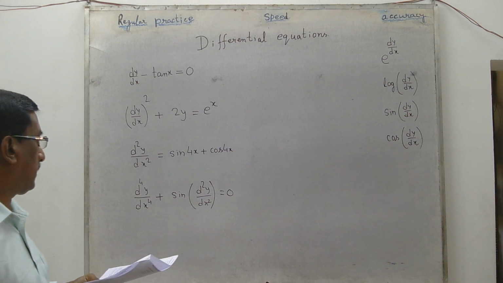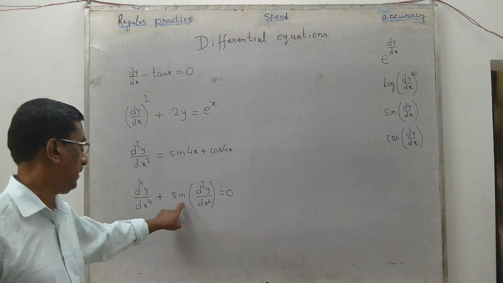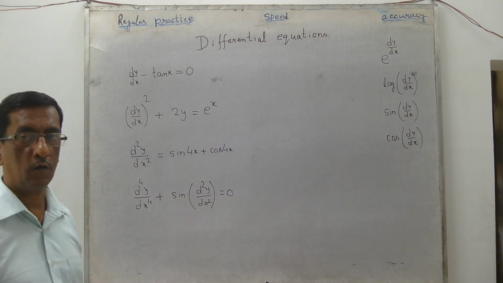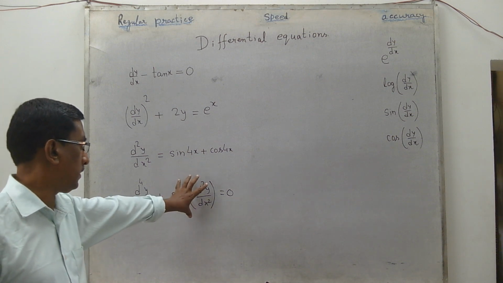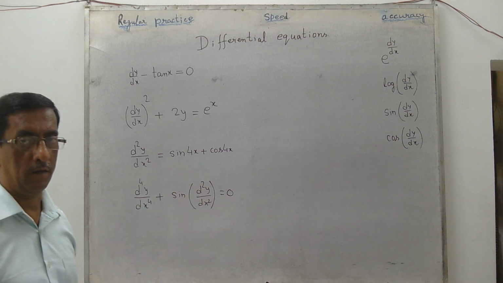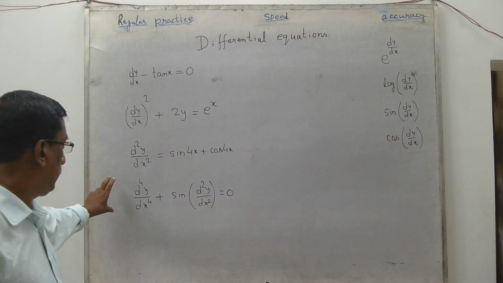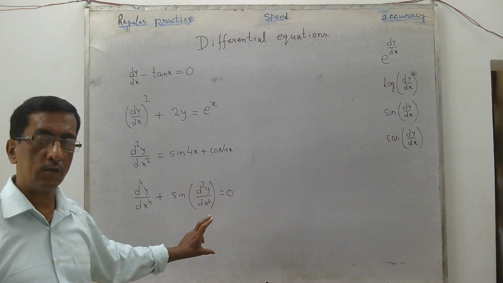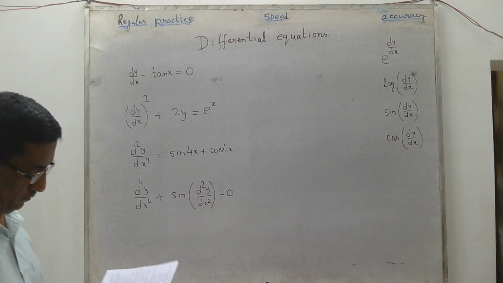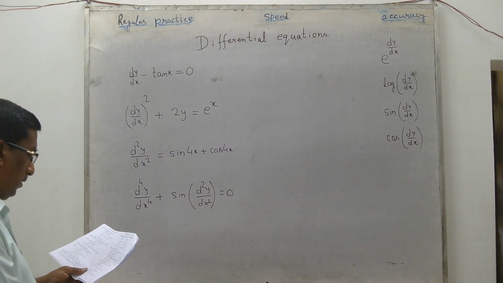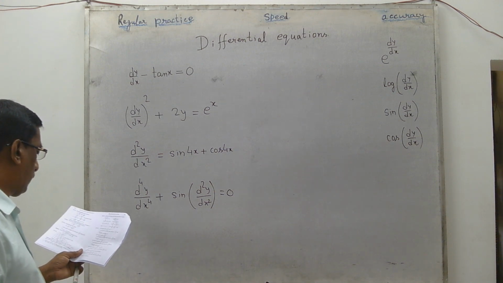This has a term sine of d square y by dx square. Now particularly this term is not defined here. So this is not a polynomial differential equation because its degree is not defined.